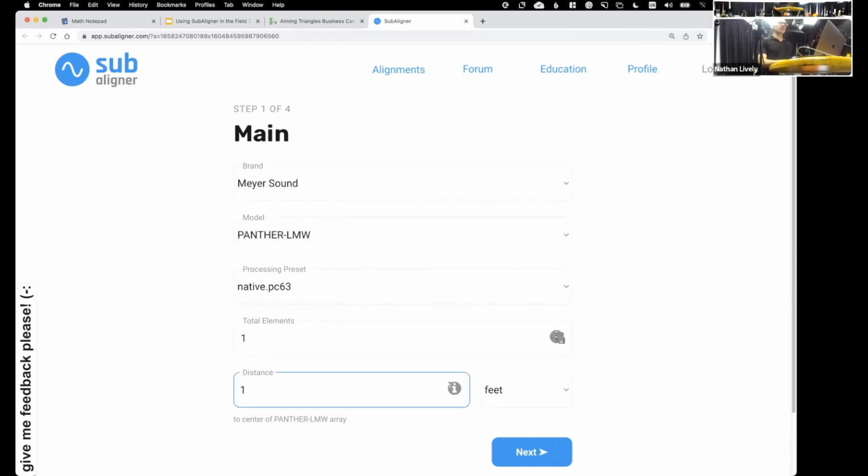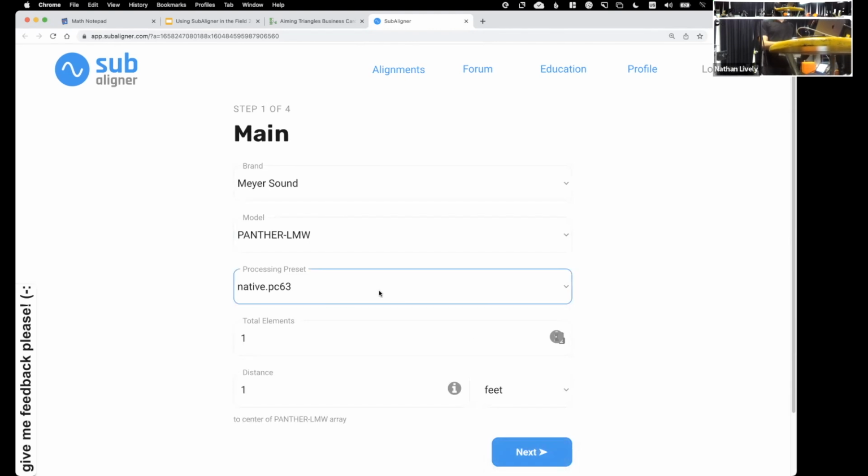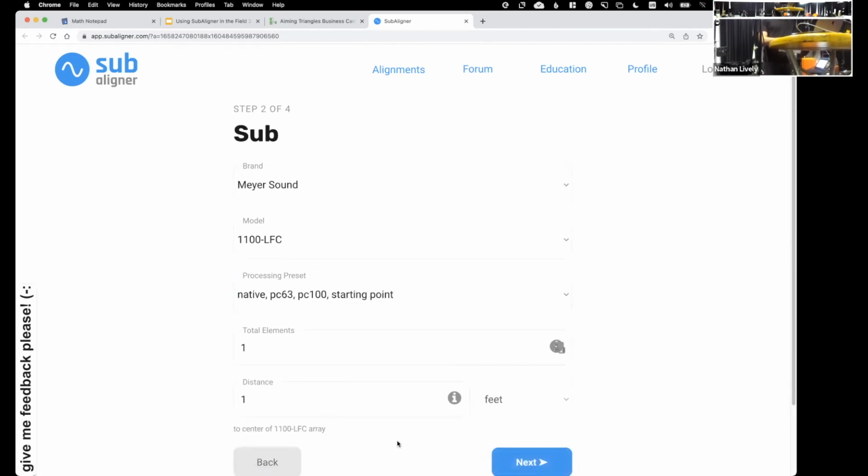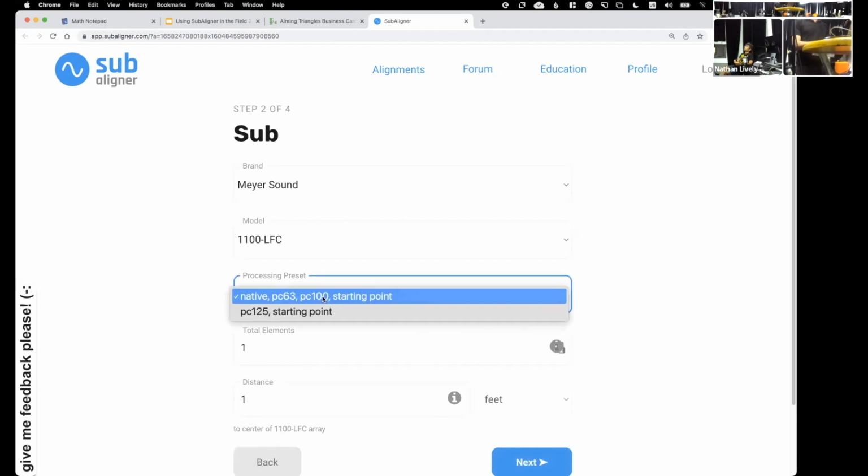But you typically just use everything in native mode, and then you use the starting points if there is one. So for those of you who don't know, I usually use the term native mode to say, on a Meyer Sound speaker or the two speakers we use today, if you just plug straight into it without any processing, that's native mode.